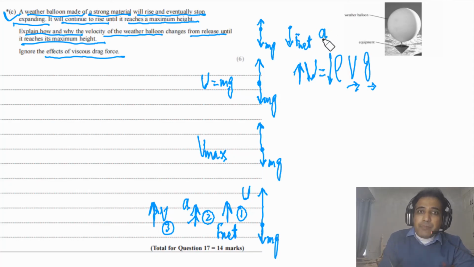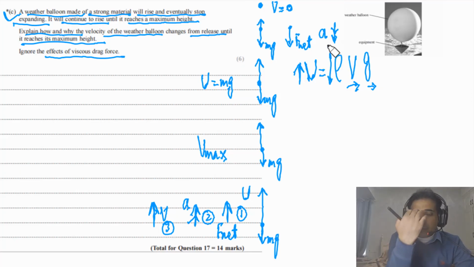The balloon is rising up, acceleration is in the downward direction, so it will decelerate, and finally at one point it will stop rising. At this point the balloon will stop rising. We can say it has reached the maximum height, and the velocity of the balloon finally becomes equal to 0, because the net force is acting in the downward direction, like a ball actually.